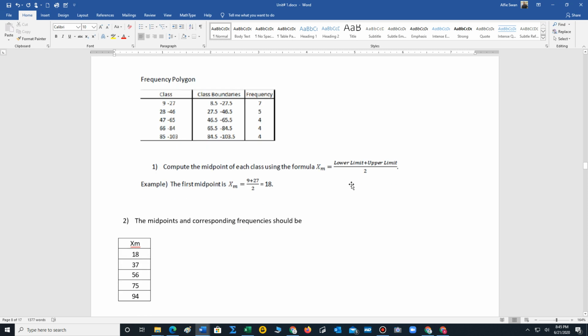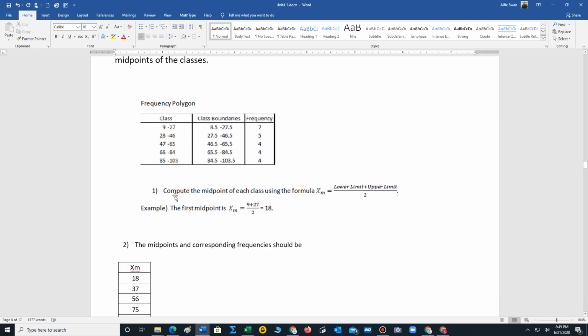Okay, so step 1 is we have to compute the midpoint of each class using this formula. x sub m is the symbol we use for midpoints. You take your lower limit plus the upper limit, divide by 2. And that's how we compute the midpoints.